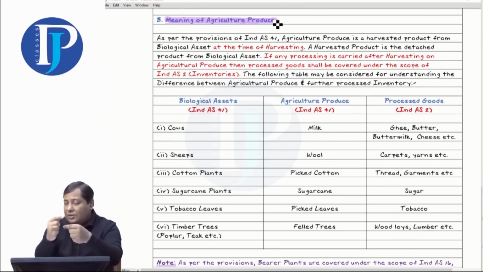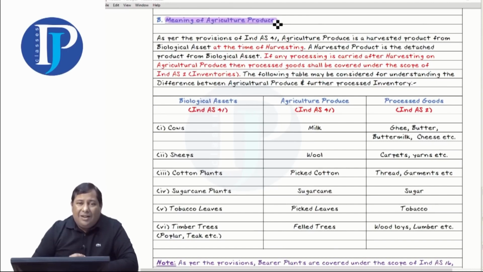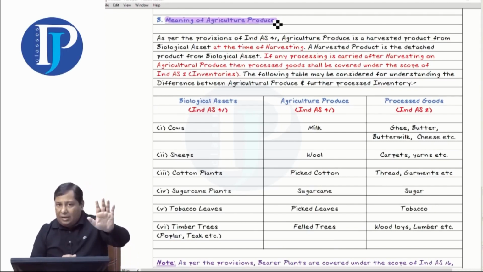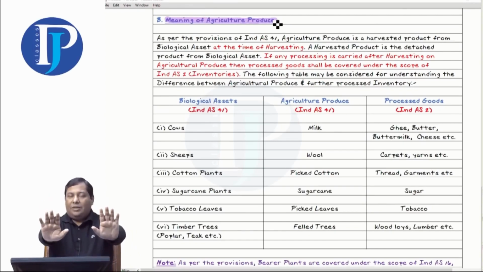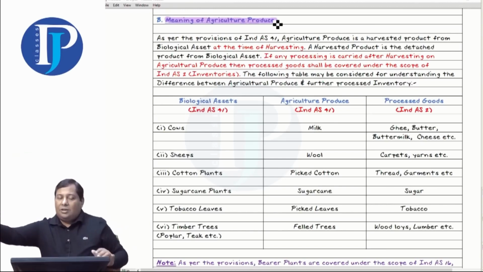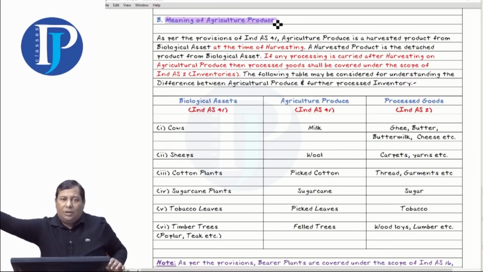If you create anything after further processing it, it won't come under Ind AS 41. It will come under Ind AS 2 and it is inventory. So, we have studied that the cow is an animal and its milk is agricultural produce, which comes in Ind AS 41. Other products obtained through further processing, like butter, will be discussed in Ind AS 2.